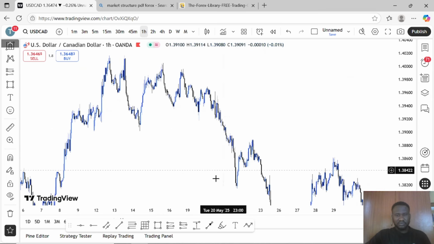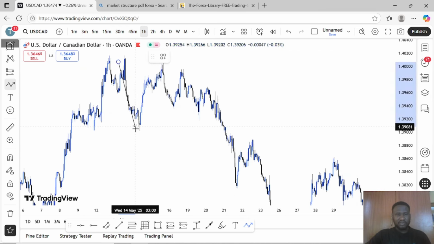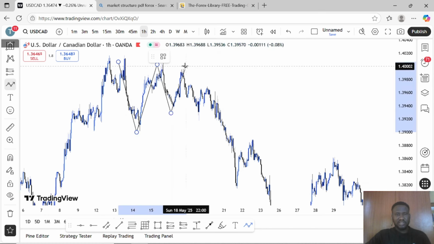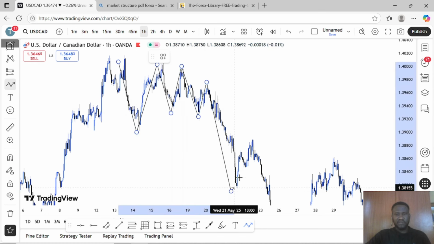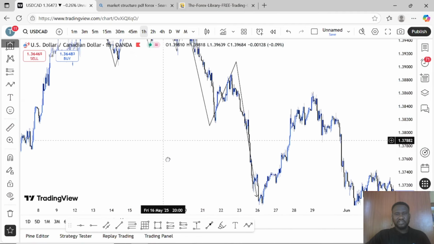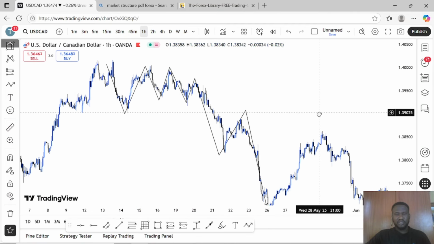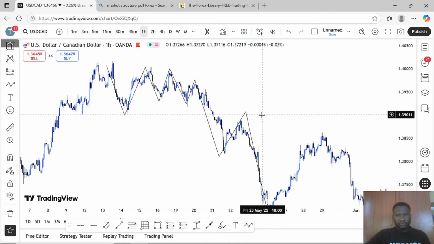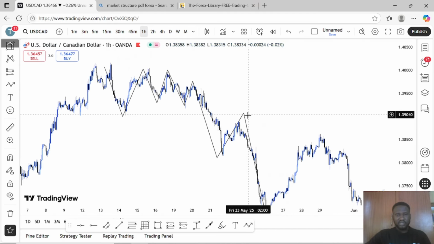As you can see, the market is having this downward move. Like you all know, markets don't move in a straight line, they move in a zigzag manner. This is USDCAD.